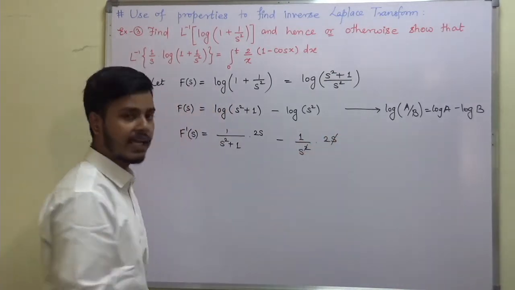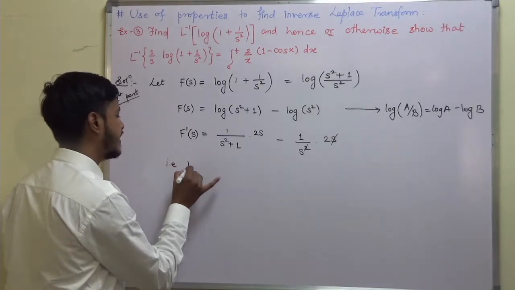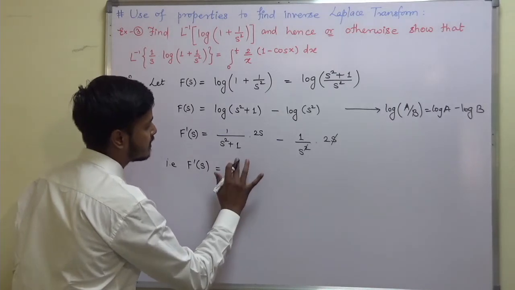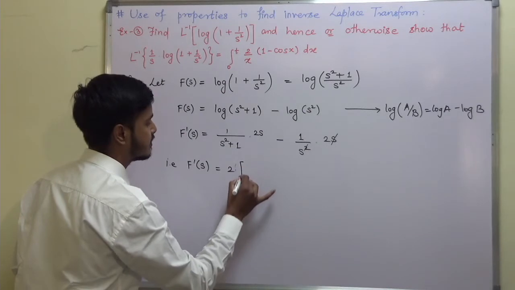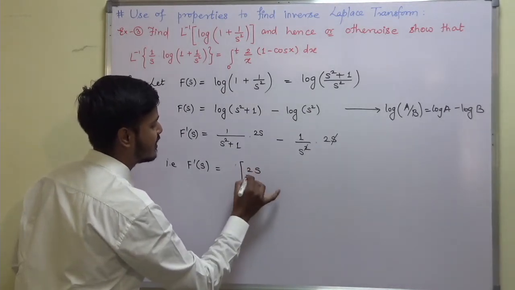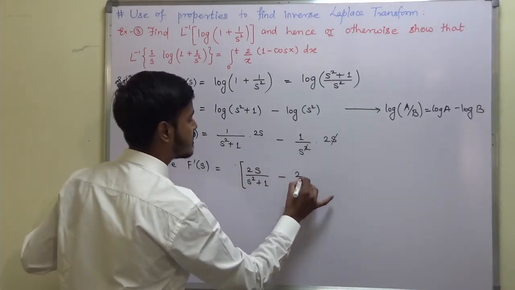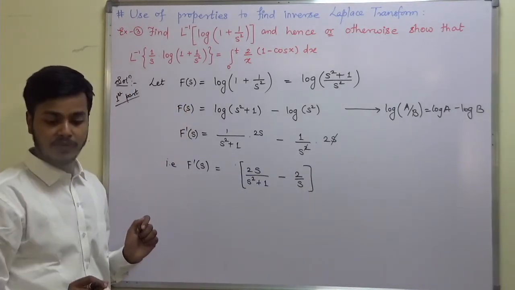Which is 2 by s. So F dash of s is equal to 2s upon s square plus 1 minus 2 by s. Okay, this is my F dash of s.